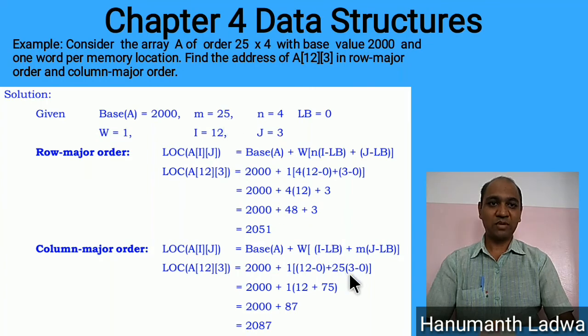So 25, inside the round braces we are going to write j value 3 minus lower bound 0. So 12 minus 0 is 12 and 25 3s are 75, because 3 minus 0 is 3. 3 into 25 gives me 75. So here 12 plus 75 is 87. 87 into 1 is 87. 2000 plus 87 gives us 2087.